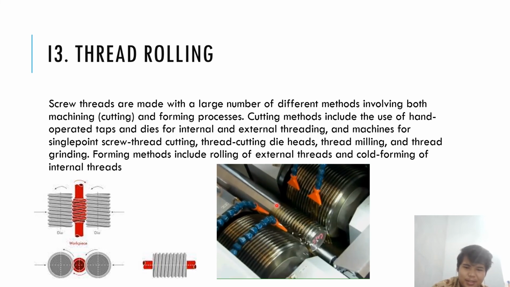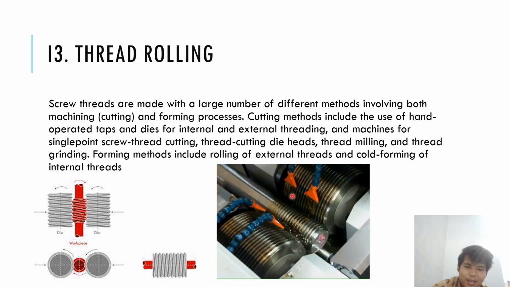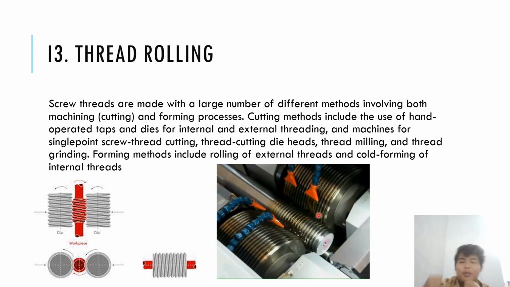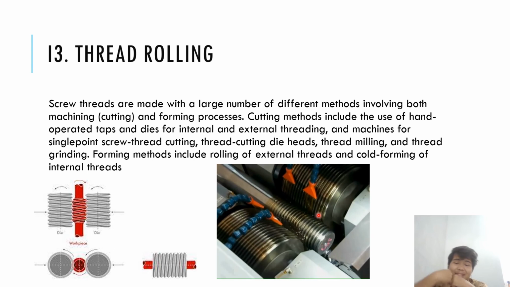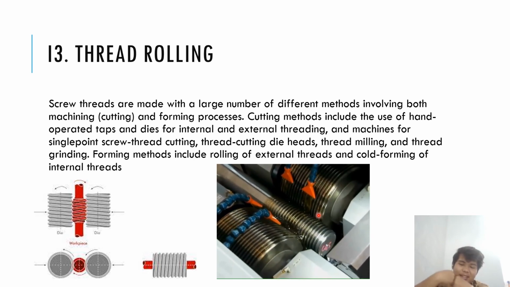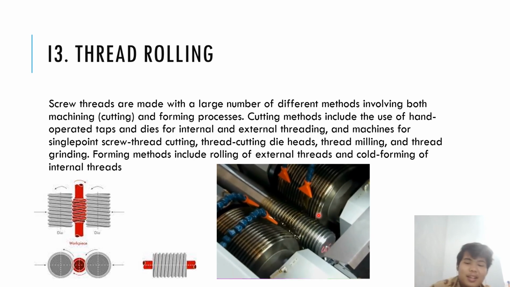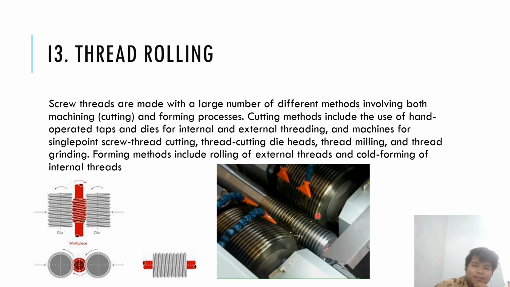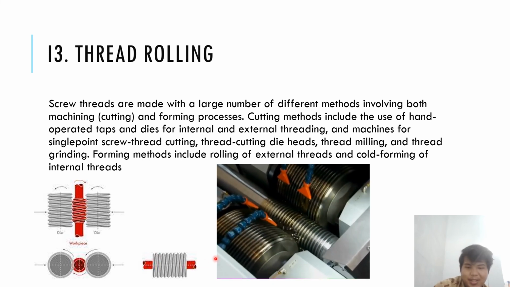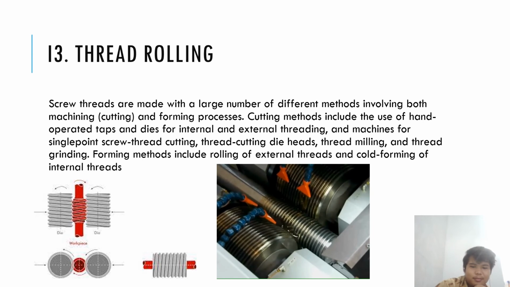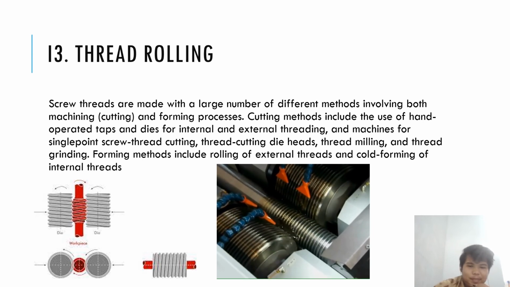After the thread rolling, it's going to have a pattern. Oil is used because when metal meets metal, I don't know how to say this, it's going to cause a fire, so oil or water is needed. Okay, that's the video.